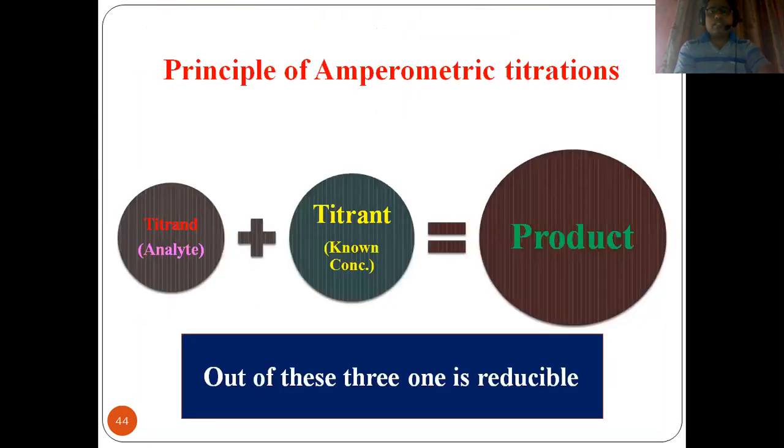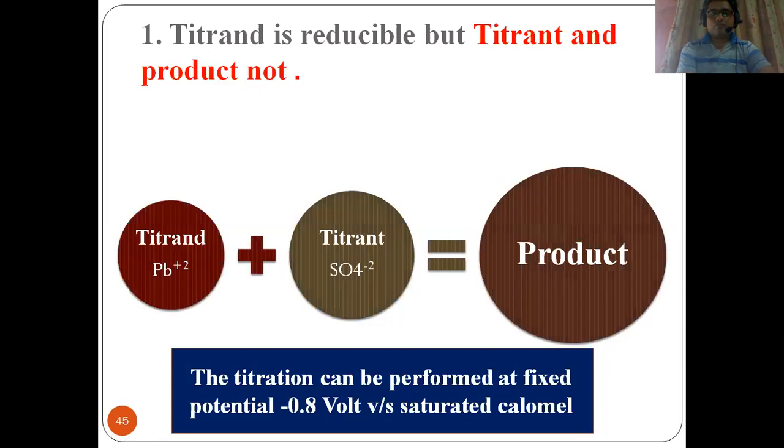So let us take the examples one by one. In the principle of amperometric titration, if one of the three, the analyte, titrant or product, is reducible, then we can apply amperometric titration. In the first case, the analyte is reducible but the titrant and product are not.